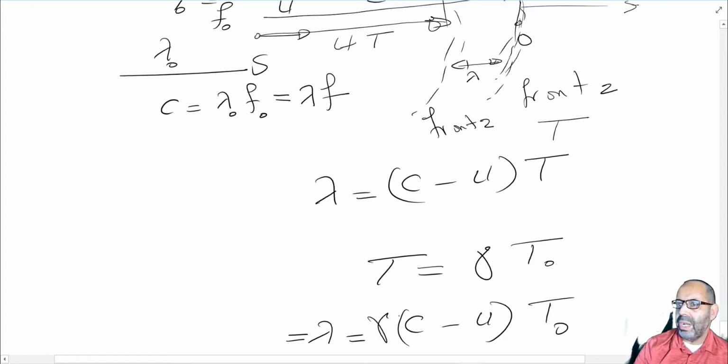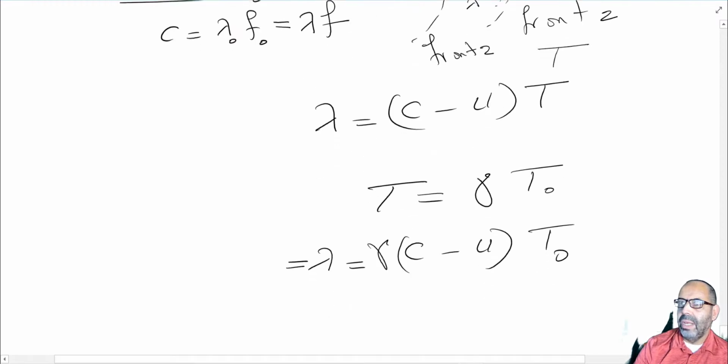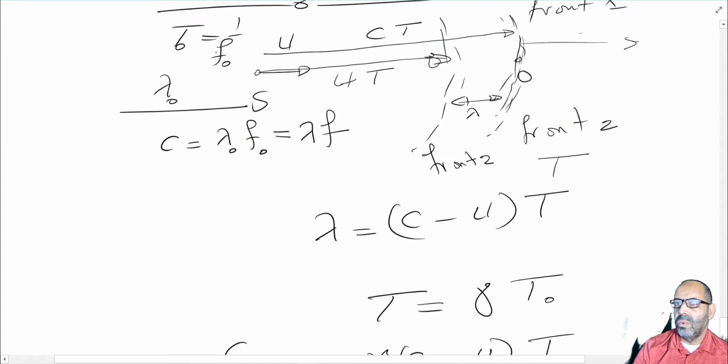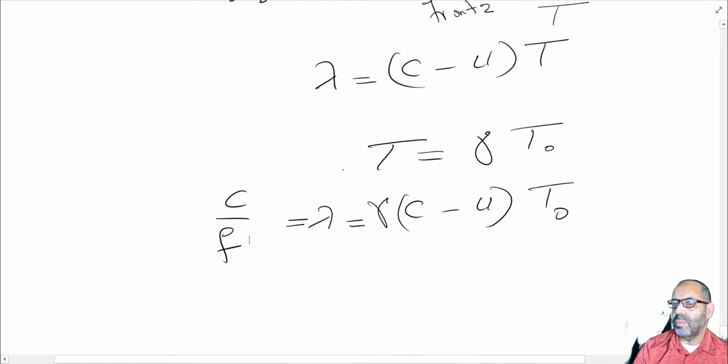So for him, from the dispersion law, this lambda is equal to c over f. Okay, so this is c over f. And this t naught, which is equal to 1 over f naught, is related to lambda also through that expression.